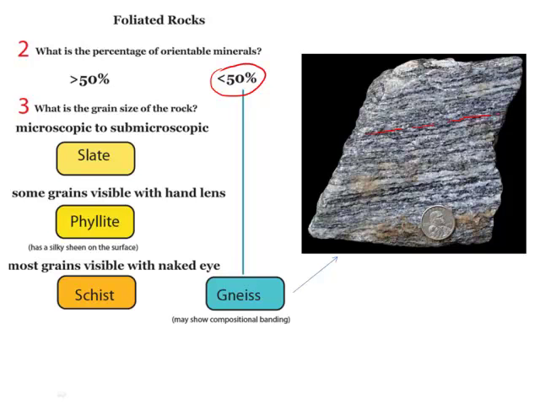The reason for that discontinuity in foliation is because in gneisses you have less than 50% orientable minerals, and in particular you have other minerals like quartz and feldspars, which are not really orientable, forming a bulk of the rock.